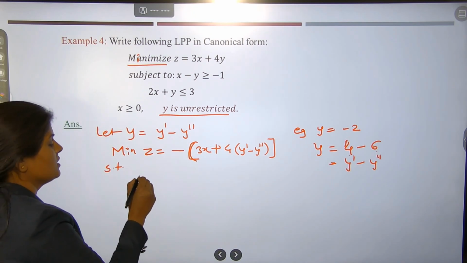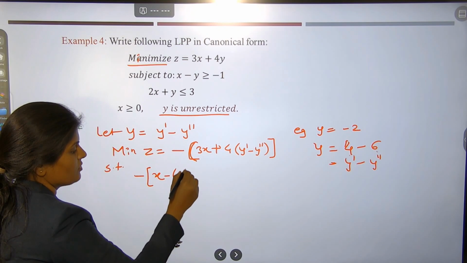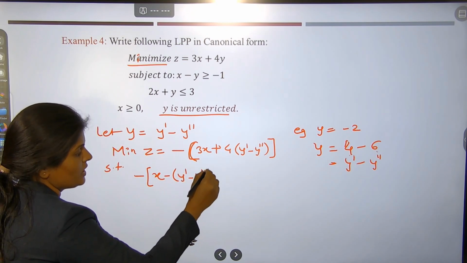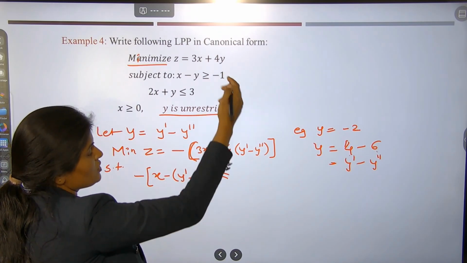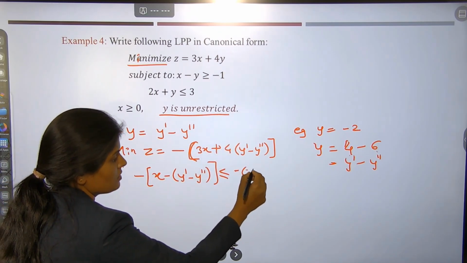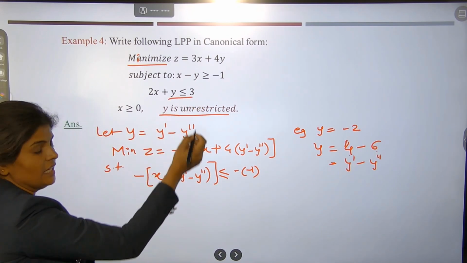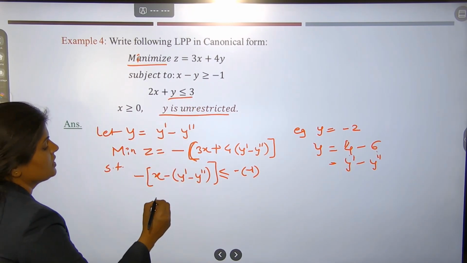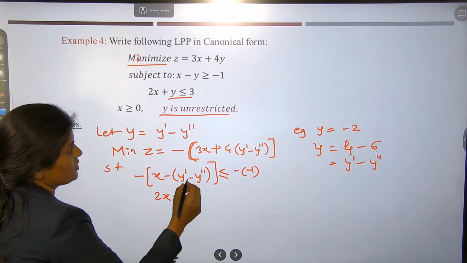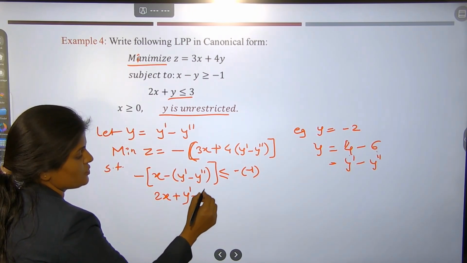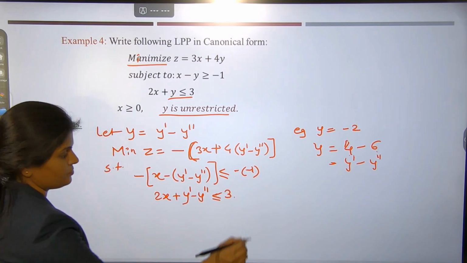So we get minus of x minus y, with y being y dash minus y double dash, less equal minus of minus 1, and the second constraint is already in less equal type, so we take it the same. So 2x plus y, written as y dash minus y double dash, less equal 3.